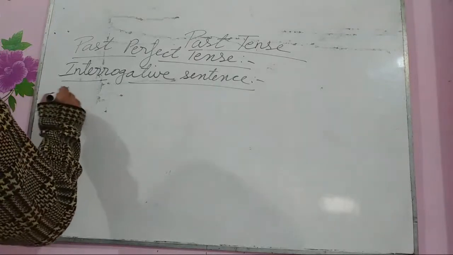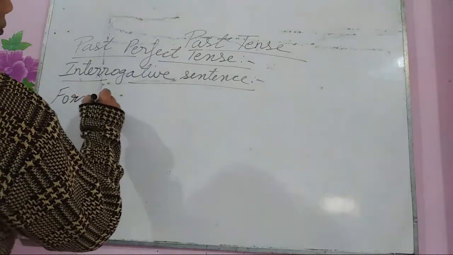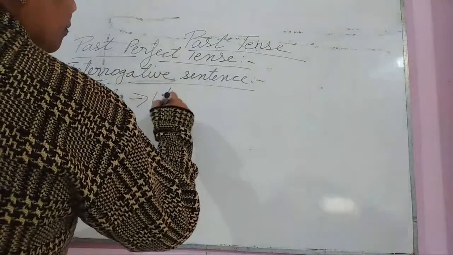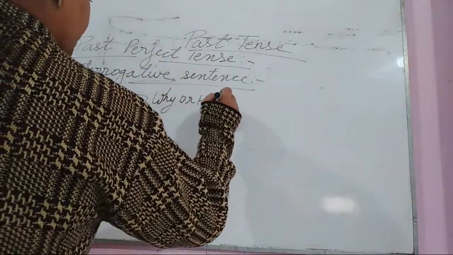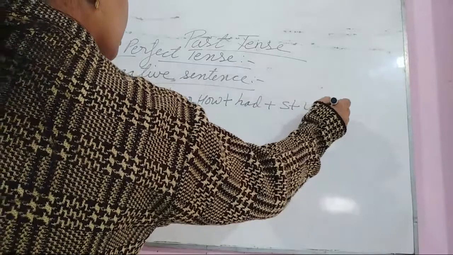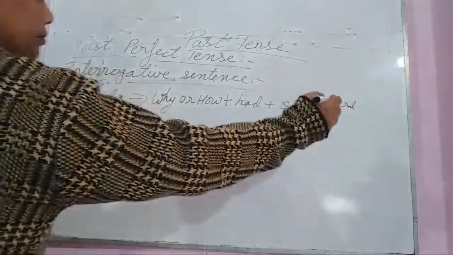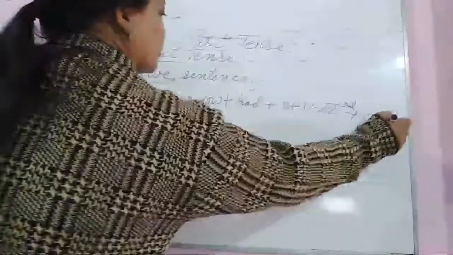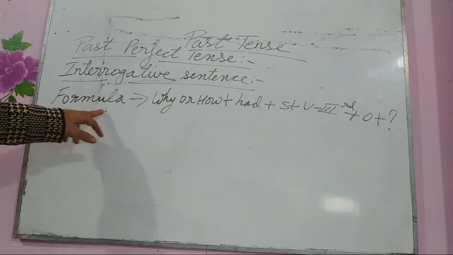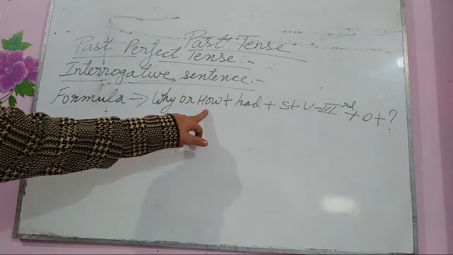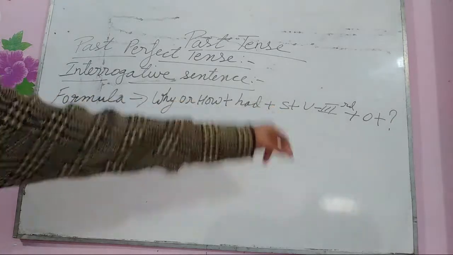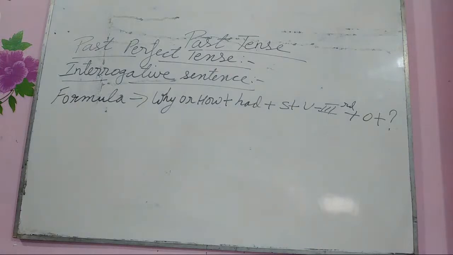Let's see the formula. The formula is why or how plus had plus subject plus verb of third form plus object and a question mark.